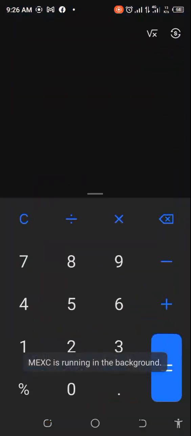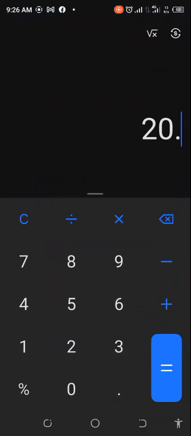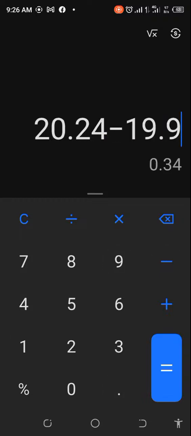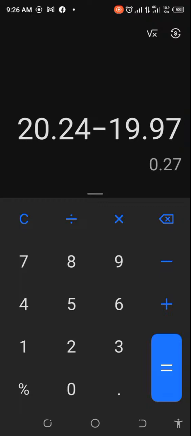So by going all the way, let's just calculate it and see what we've got. So we have 20.24247. Let me just remove the 7 there, even though it's almost 25. So let's just say 20.27 minus 19.97. So we've got like 27 cents.